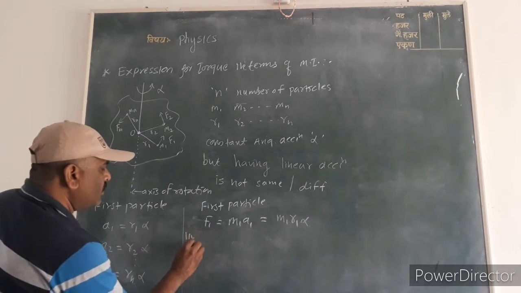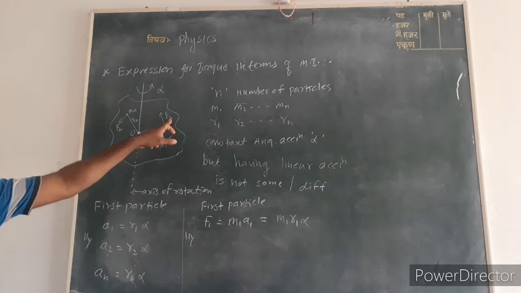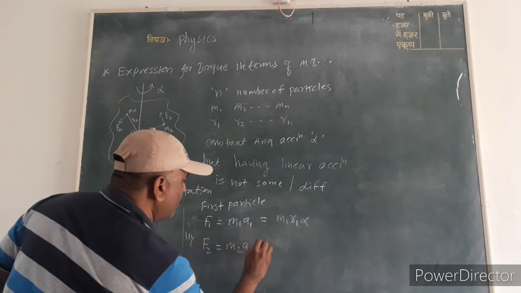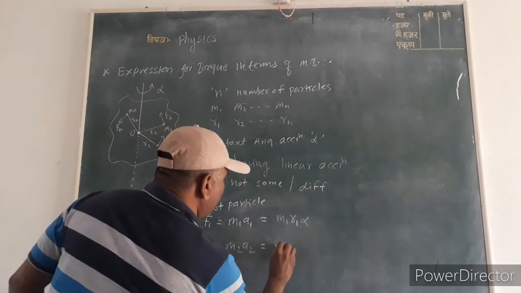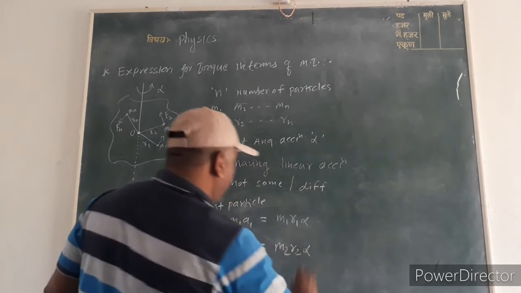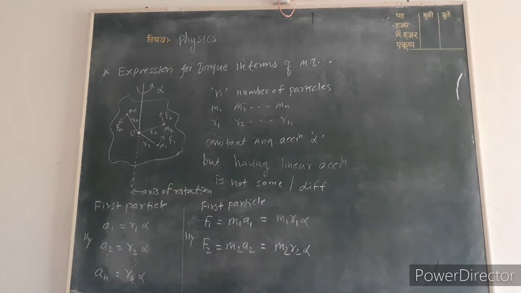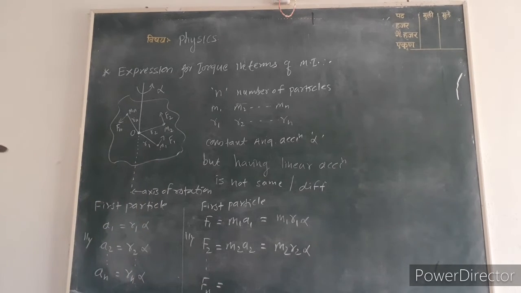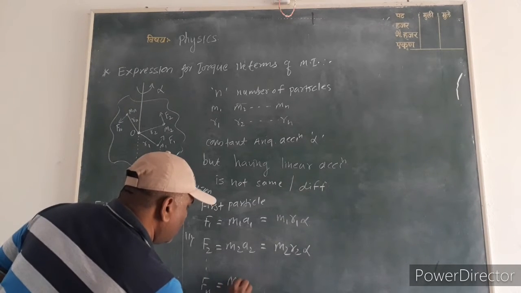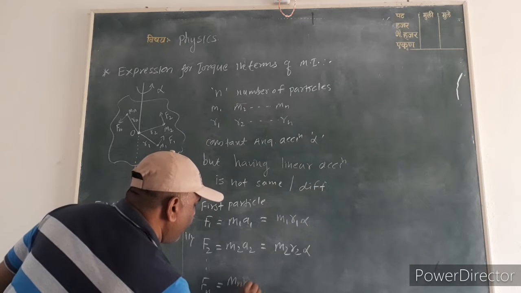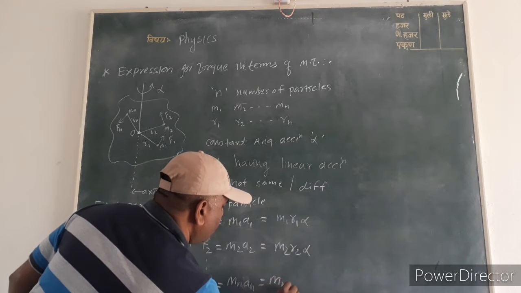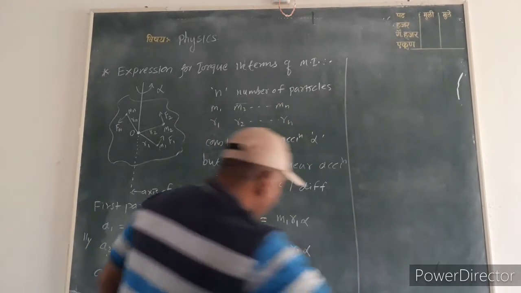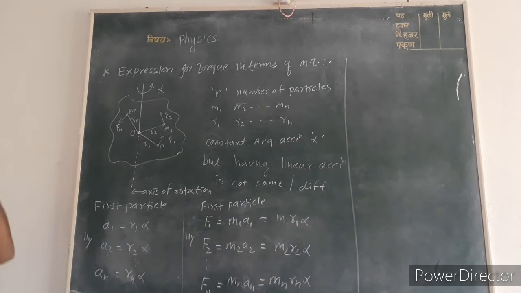Similarly, for the second particle, F2 is equal to m2 a2, which is m2 r2 alpha. Finally, for the last particle, Fn is equal to mn an, which is mn rn alpha. This is the force on each particle.